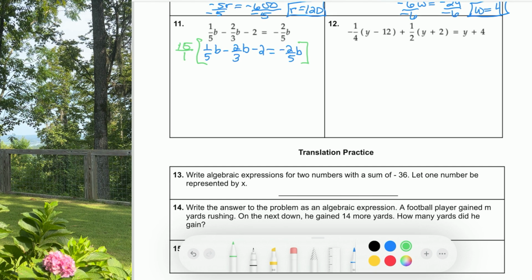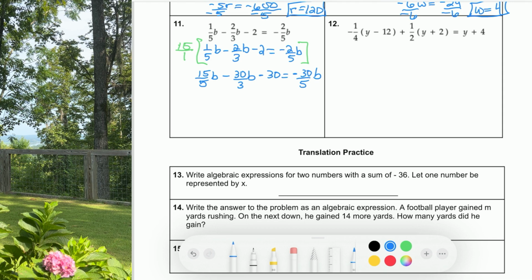So I've got, let's see here. 15 times 1/5 is going to be 15 over 5b. 15 times 2 is 30 over 3b, because 1 times 3 is 3. 15 times 2 is going to give us a minus 30. And then we have 15 times negative 2 is going to give us a negative 30 over 5b. None of the denominators changed because we were multiplying all of them by that 1.